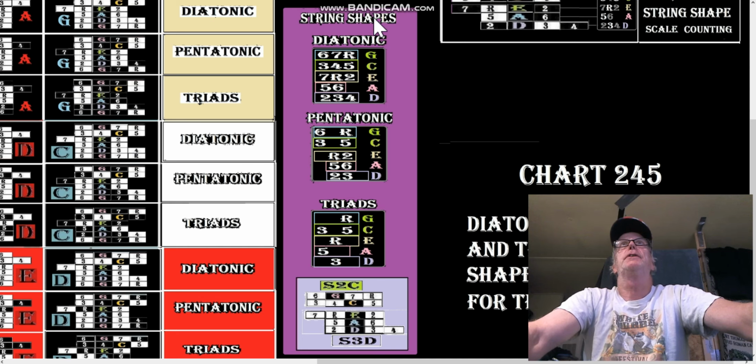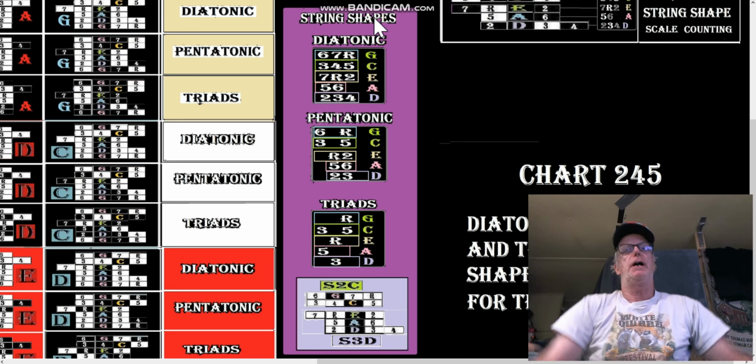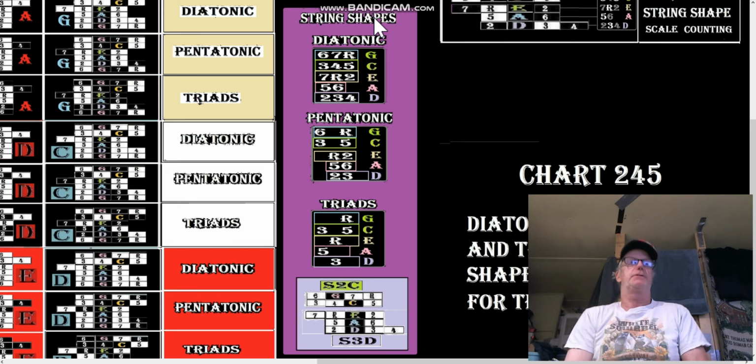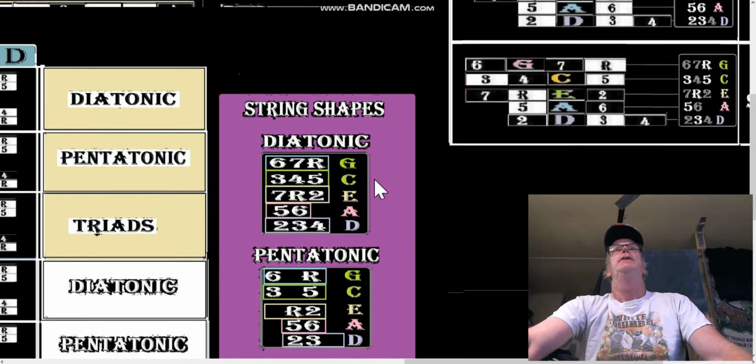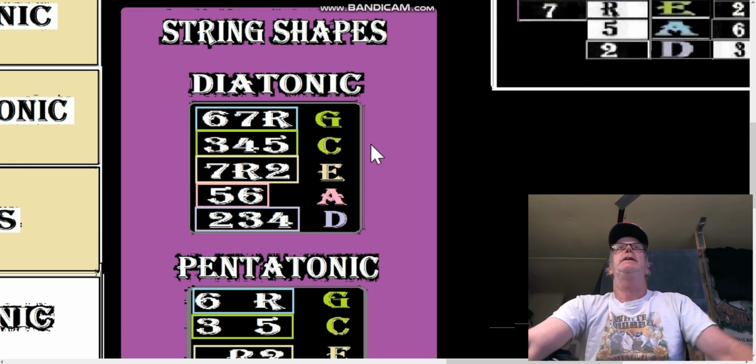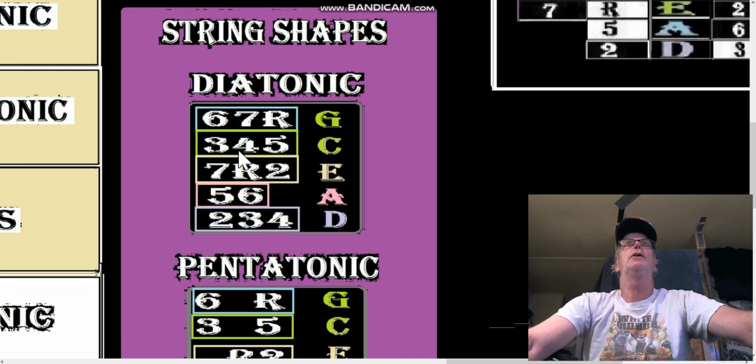So these are the string shapes summarized. Now I say summarized meaning in a tabular fashion, but I worked as hard as I could to get them to look like a stack of string shapes. So we've got 2, 3, 4 down.